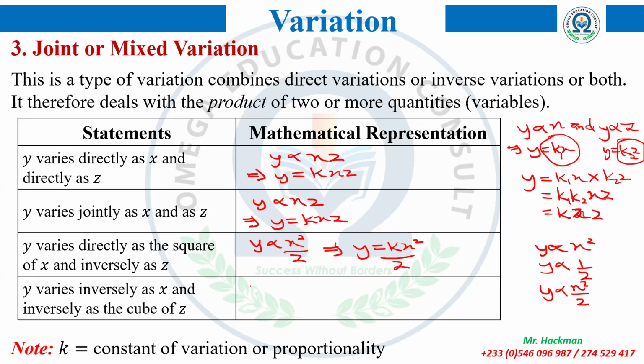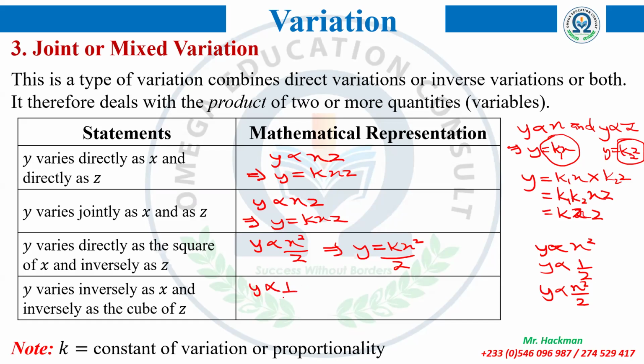The statement says y varies inversely as x and inversely as the cube of z. Since we know that if you get a variation with an inverse variation, there's supposed to be a denominator. Very good. So if y varies inversely as x, it is y varies as 1 over x.